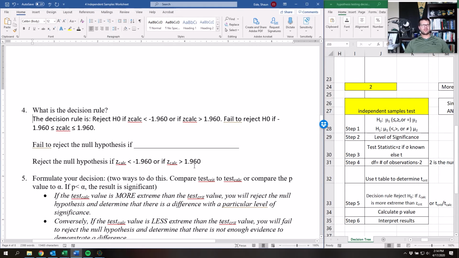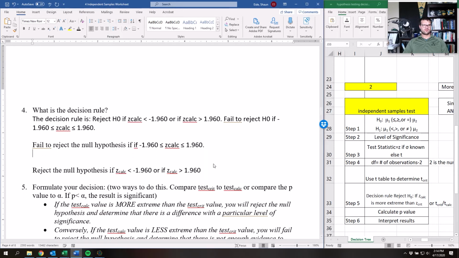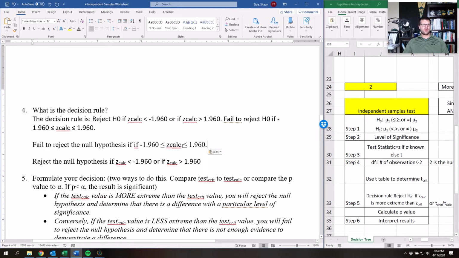And then fail to reject the null hypothesis if zcalc is equal to or between negative 1.96 and 1.96. This is exactly how you would write it, and I'm going to show you really quick what this would look like.